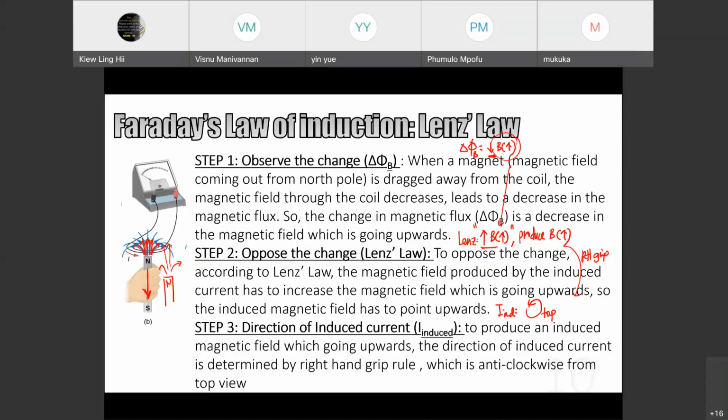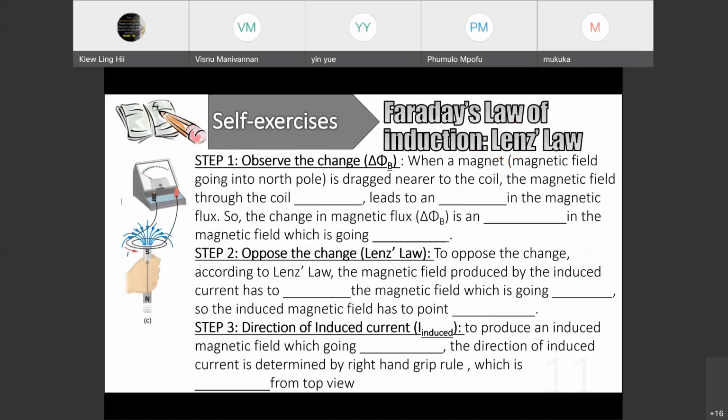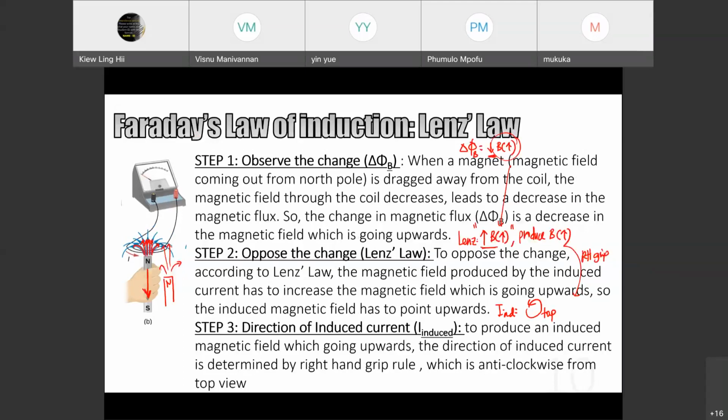There are more exercises that you can do and check your answer from the pre-lecture video. But what I want you to do is remember the 3 steps. Whenever you encounter questions related to the directions of induced current, please use these 3 steps to help you determine the directions of induced current.